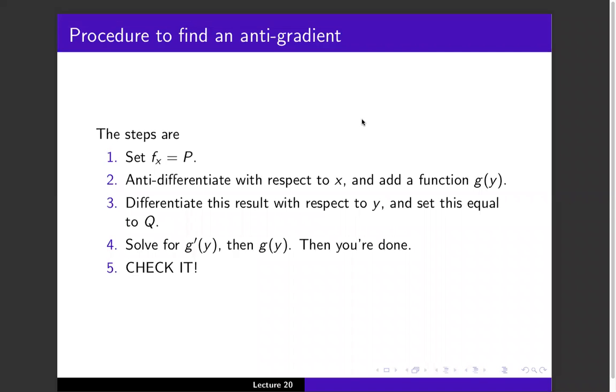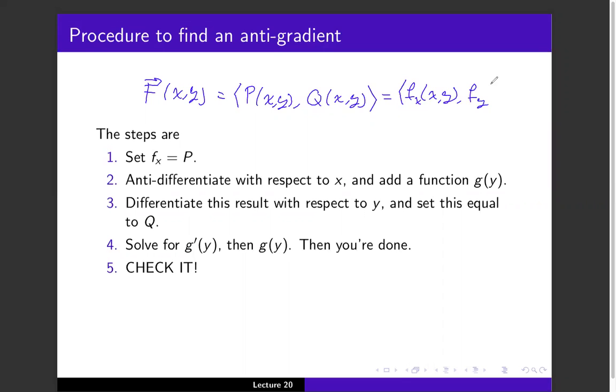So how exactly do you find an anti-gradient? Well, these are basically the steps. You set f_x to be equal to P, because just to recall, we're dealing in this particular case where you have that F(x,y) is some vector of functions (P(x,y), Q(x,y)).